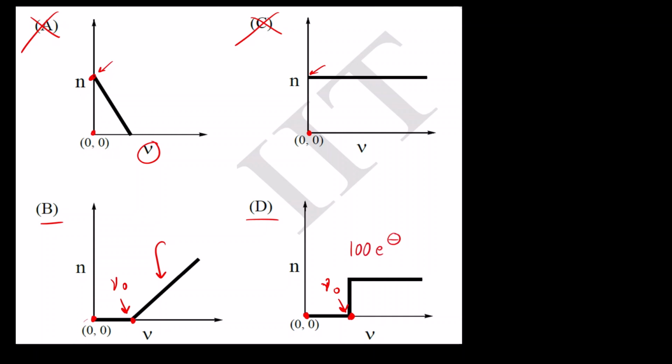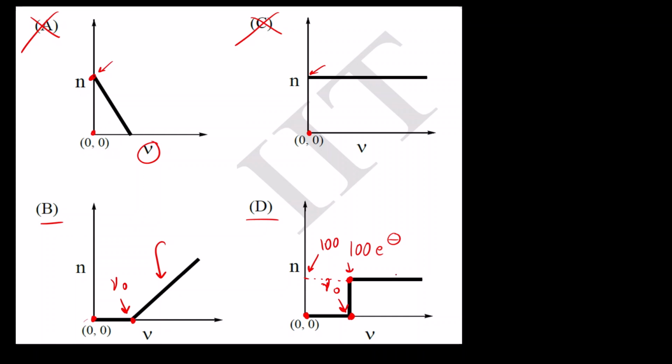One single electron cannot be emitted from the metal surface. There are several metal atoms on the surface of the metal, and all those metal atoms will lose electrons. Let's say 100 electrons are lost, so this value is 100. So all the 100 electrons are ejected. You can see this point at nu naught is 100.